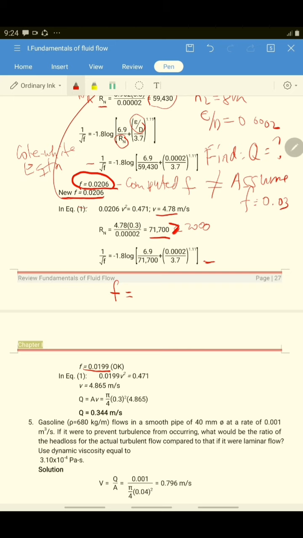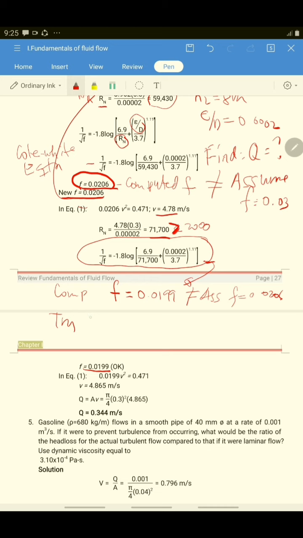So you try if this is equal to 0.019, after substituting into this equation, then you try again. This is the computed F, and this is not equal again to the assumed F, which is 0.0206. Maybe there's a missing solution here.